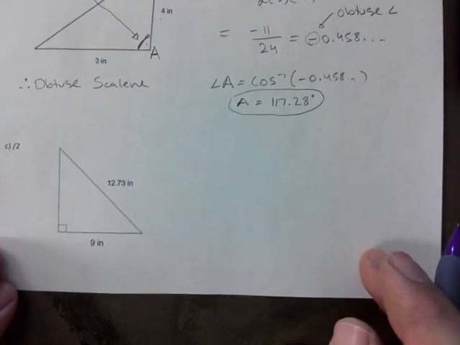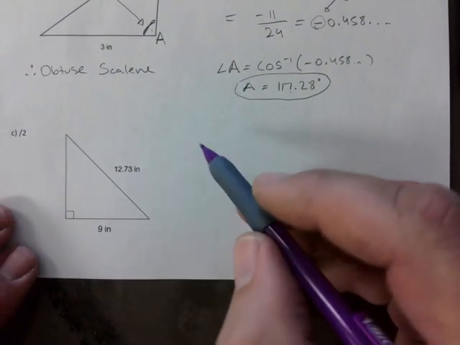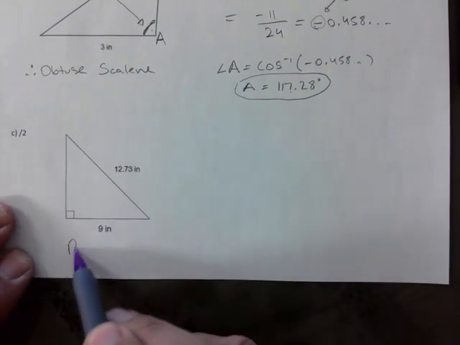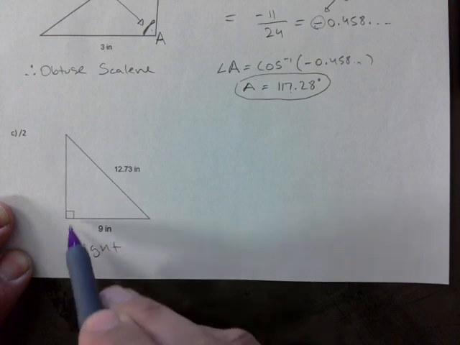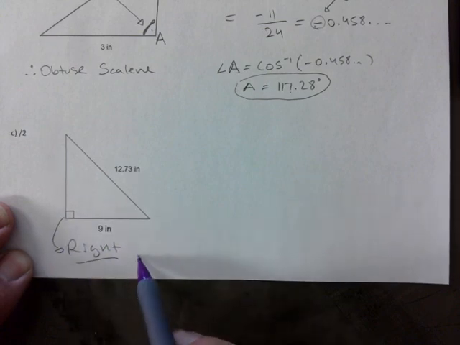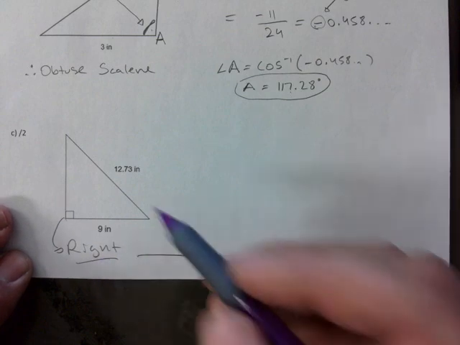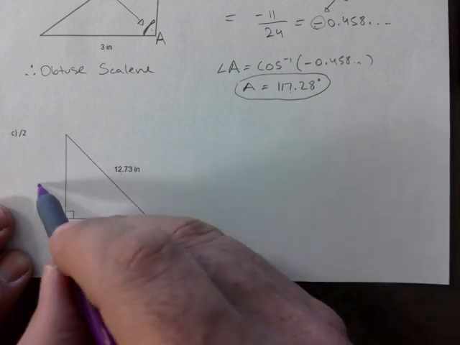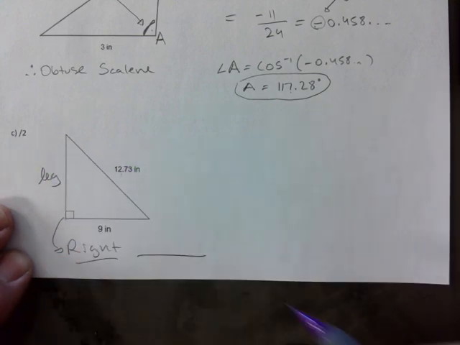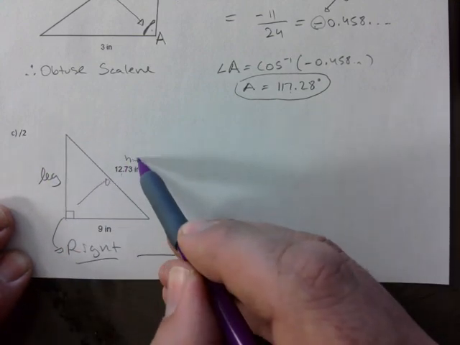Okay, next. This one right here. I can already confidently say that one of the names is going to be right because of that. So half a mark already, or 1 out of 2. Now you need to check for the other side. This is one of the legs, correct? This is my hypotenuse.